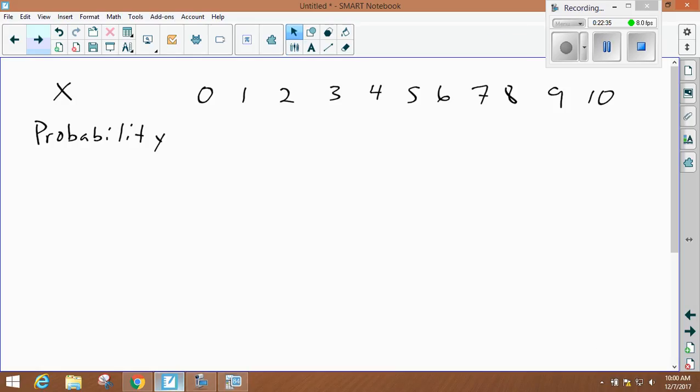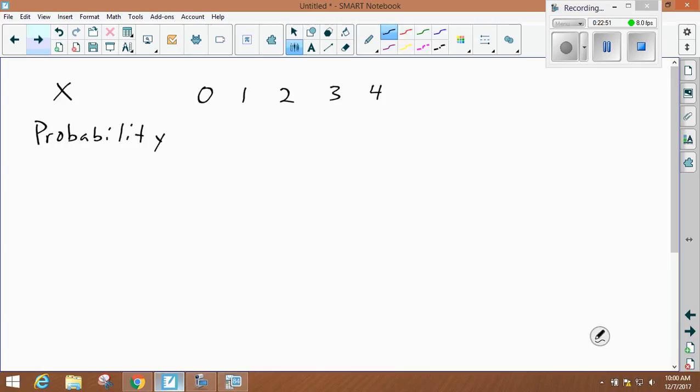Let's pretend we're looking at a 4-question test, because 10 questions is going to be a lot. So let's do the same thing again. In this case, n is equal to 4, and p is equal to 1/5 still. Let's look at the distribution of this.